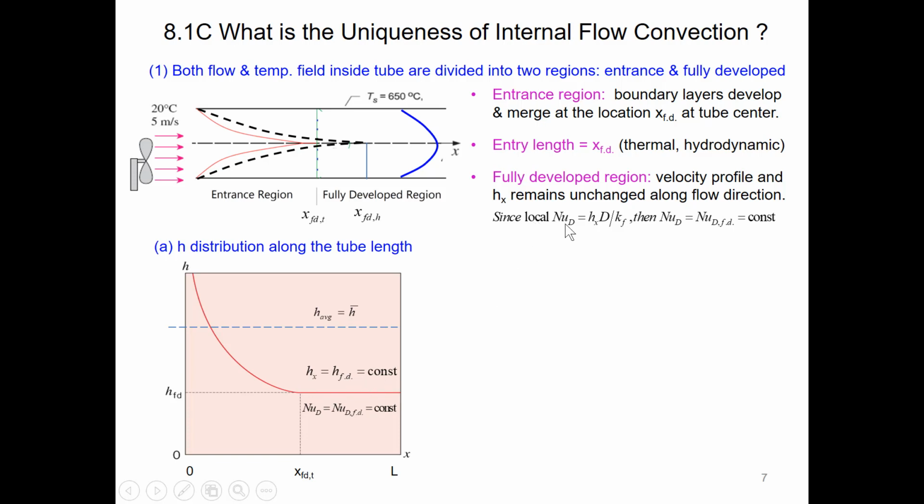Since the local Nusselt number is defined as local heat transfer coefficient times diameter divided by the fluid thermal conductivity, in the fully developed region, all these three are constant. Therefore, the local Nusselt number is constant in the fully developed region as well.